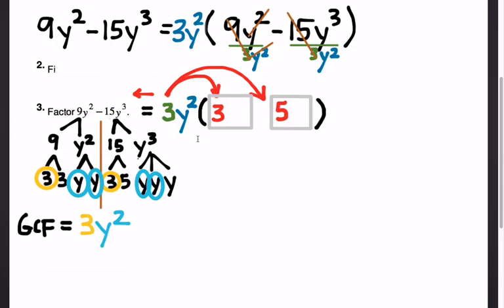What about the second term? In 15y to the third divided by 3y squared, we know what happens to the 15 and the 3. What happens with the y's? Yeah. You subtract them, so you're just left with 1y? Yeah. You subtract the exponents, 3 minus 2, leaves me with 1 power of y that survives into that term in the final factor.